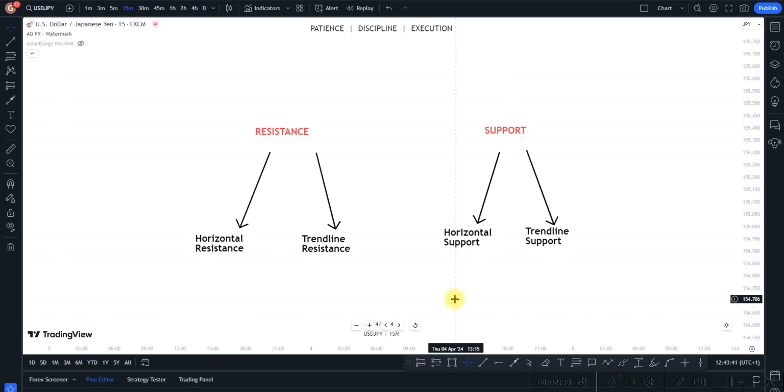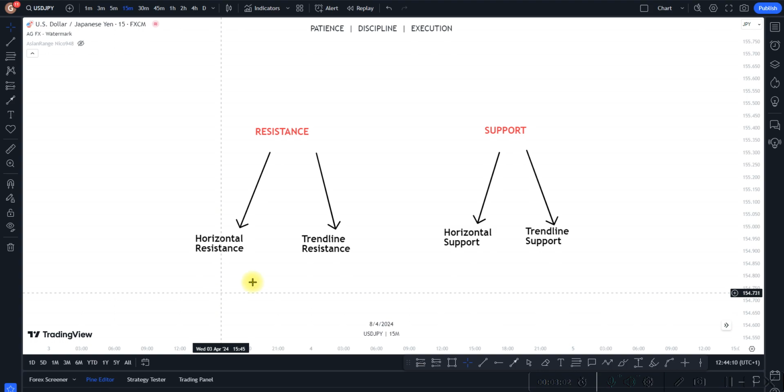Recently we discovered that for resistance you can have a horizontal resistance and a trend line resistance, and at the same time for support you can have a horizontal support and a trend line support. Some of you will be surprised by this, but you are going to see that it is a very simple thing.